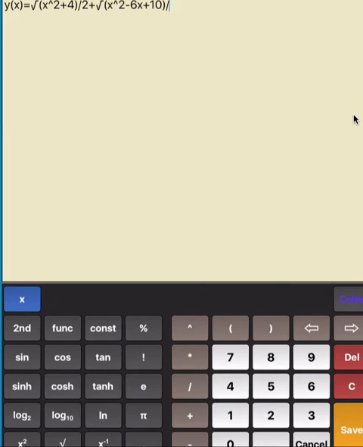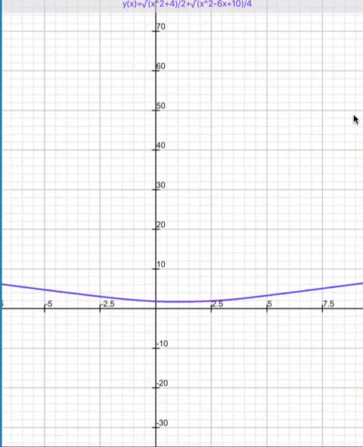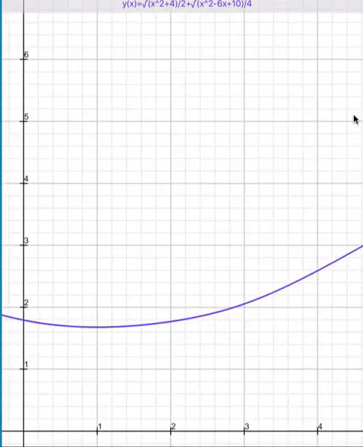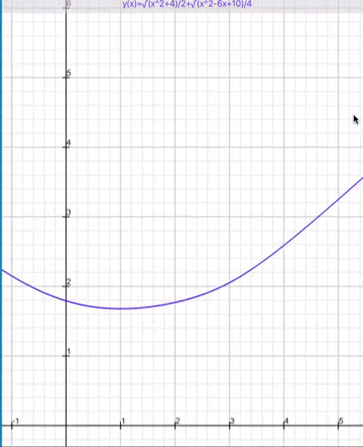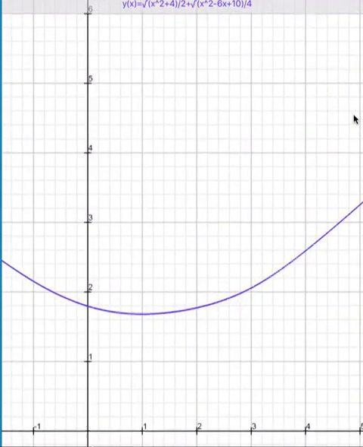And I'm going to divide that by 4. Right? And so when I do that and I graph this, remember, we're graphing this between, got to really kind of stretch this out a little bit. We're graphing it between 0 and 4 right here. So this is a really, really good problem to look at as far as absolute maxes and mins.